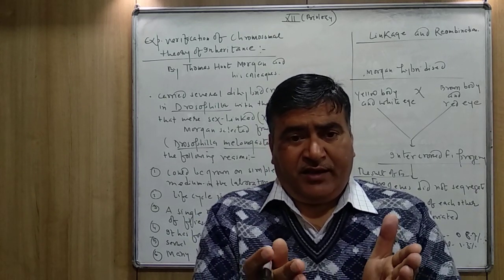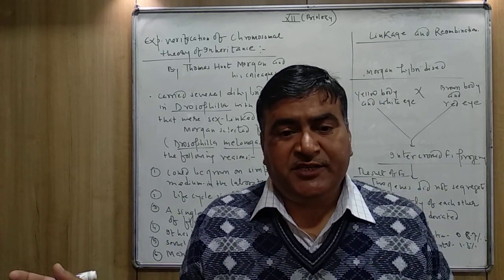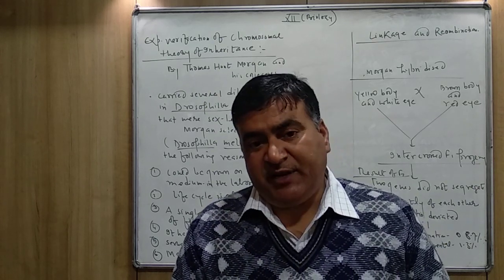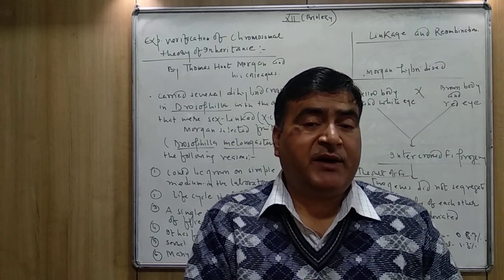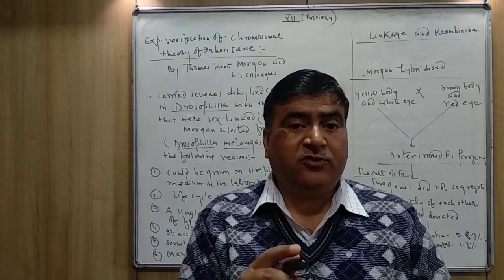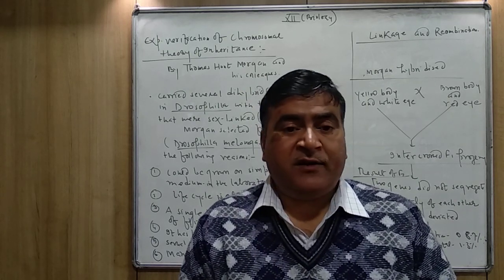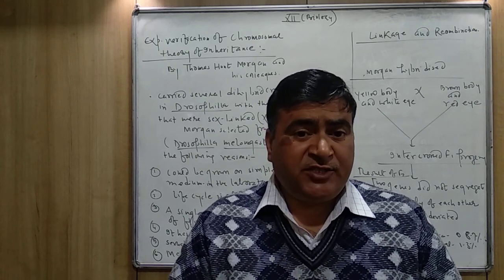And if the genes are located distantly from each other, the chances of non-parental combination, or the chances of crossing over, is more. Because of the recombination, Mendel got the ratio 9:3:3:1.